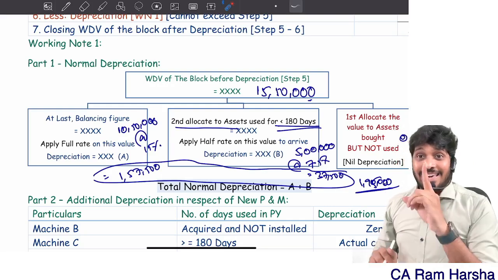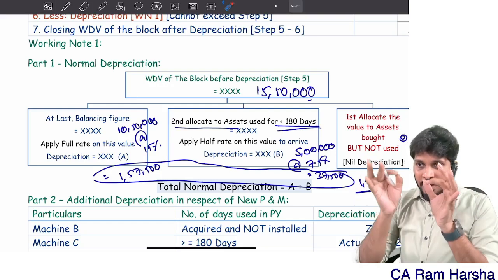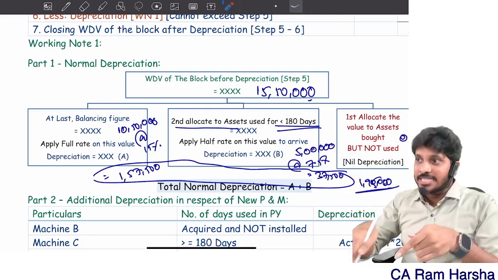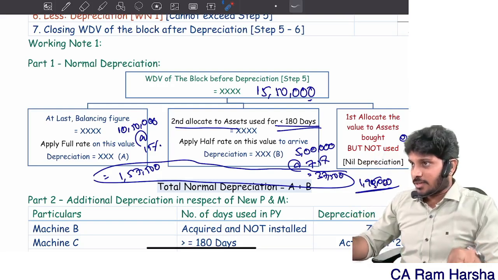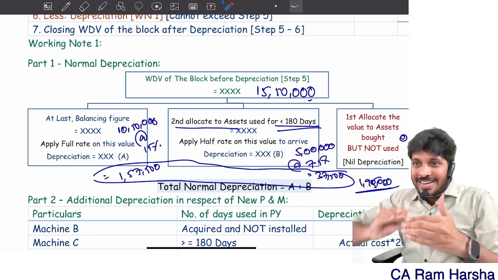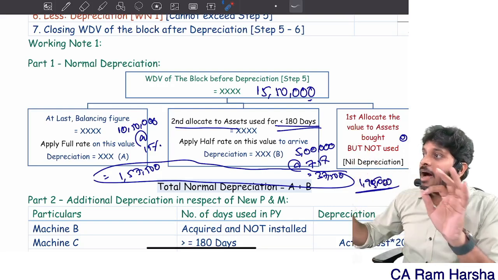So for calculating normal depreciation, for assets purchased during this year and not installed, in this year I will not allocate depreciation on that. I will allocate the first value to it and I will not claim any depreciation. But next year, even if this asset is not installed, that doesn't matter. Why?